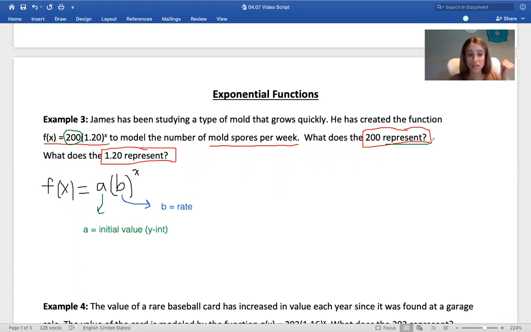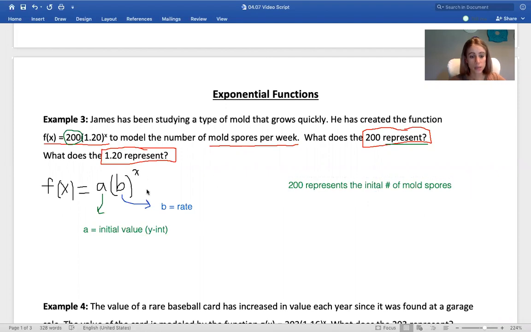He's studying the number of mold spores. Therefore, 200 represents the initial number of mold spores. It's kind of gross, but it does happen.